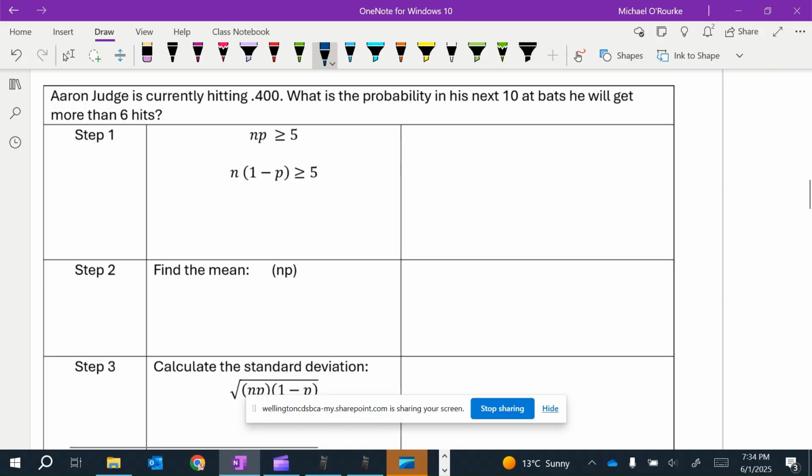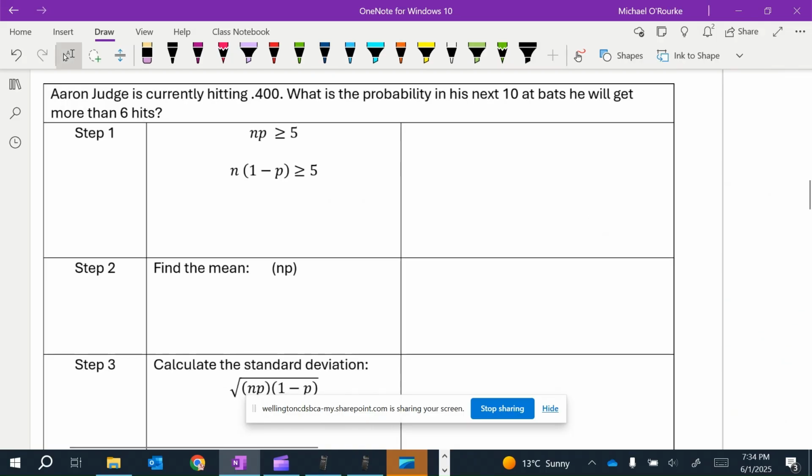Aaron Judge in baseball is currently hitting about .400, or 40%. What's the probability in his next 10 at-bats he will get more than 6 hits? This is where we have to do n times p. So 0.4 times 10 equals 4.